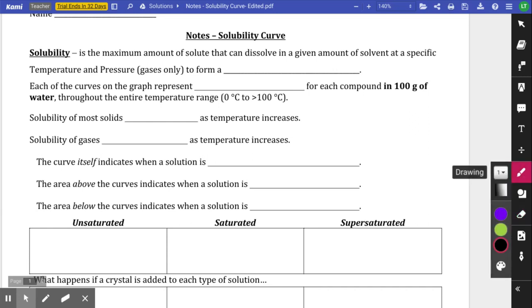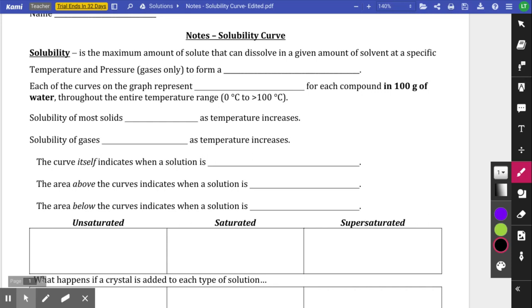So in this unit, when we're talking about solubility, yes, we're still talking about can something dissolve, but we are also going one step further and talking about how much can it dissolve at a specific temperature. For solids, it is temperature dependent only, and then temperature and pressure for gases.